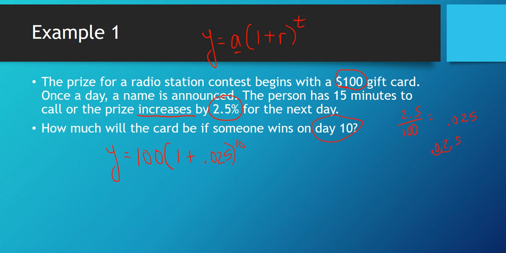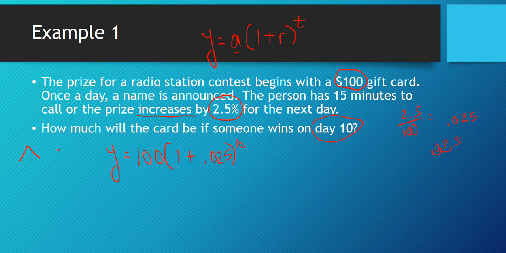So you can actually type this into your calculator, for most of you, just the way it looks. So you type 100 parenthesis 1 plus 0.025, or you can write 1.025 because that's what that is. Exponent key. So remember, for most of you, the exponent key is this.